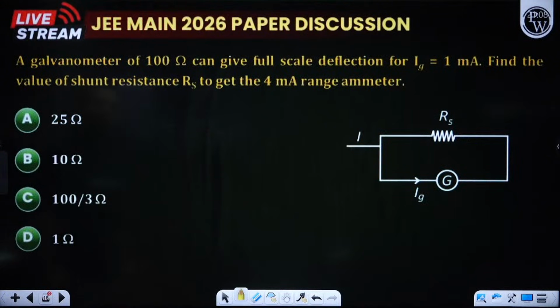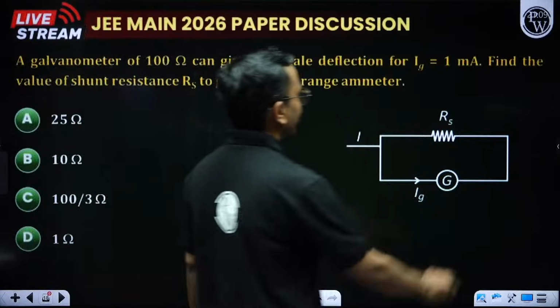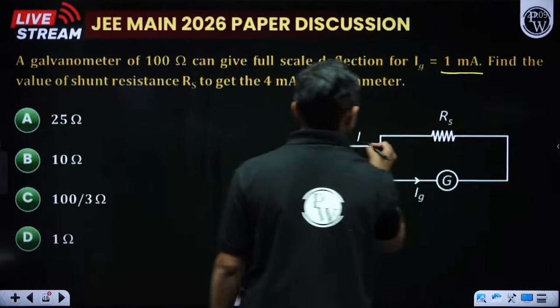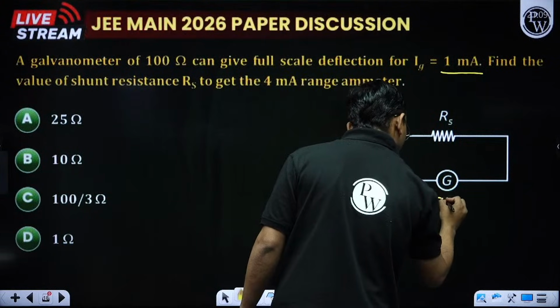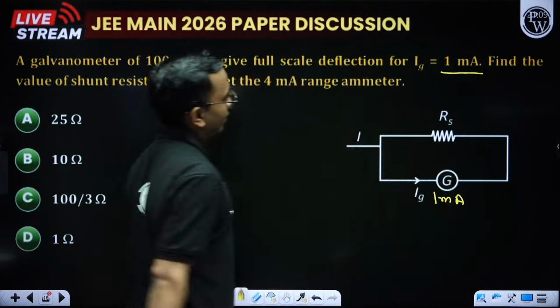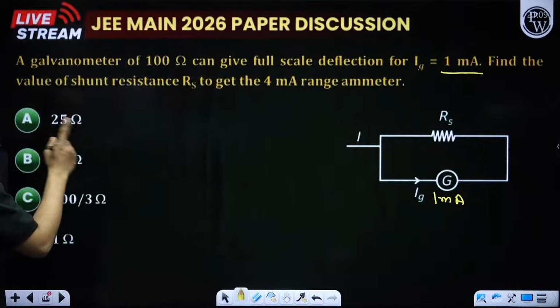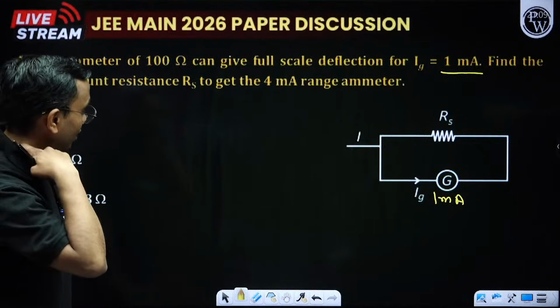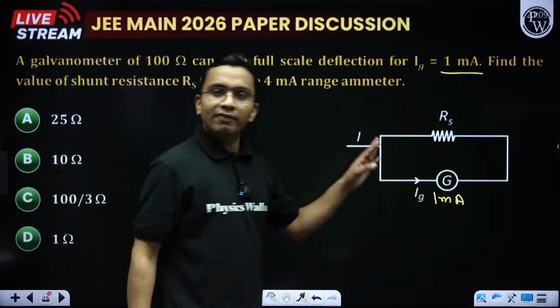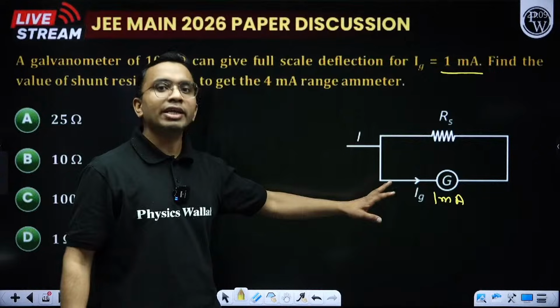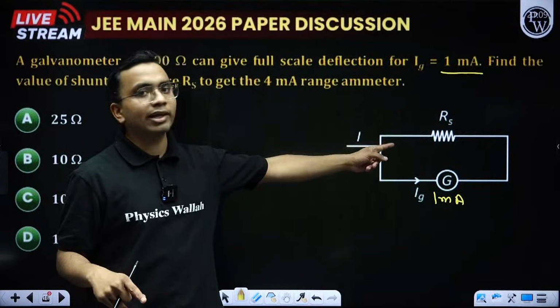A galvanometer of 100 ohm can give full scale deflection for a current of 1 milliampere. So when the current through the galvanometer is 1 milliampere, it shows full scale deflection. Find the value of shunt resistance to get the 4 milliampere range. From the galvanometer only 1 milliampere can pass, but I want to improve the range, so I connected a shunt.